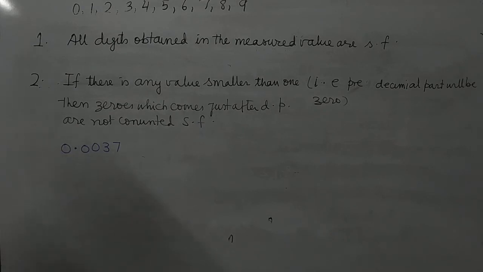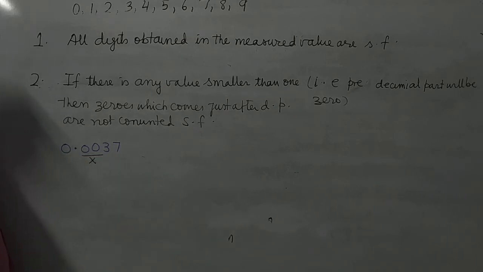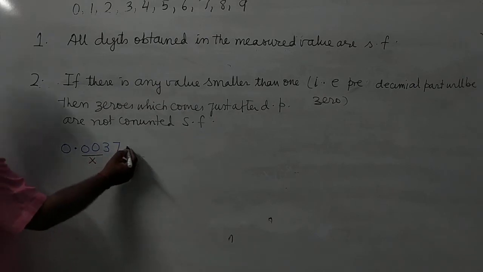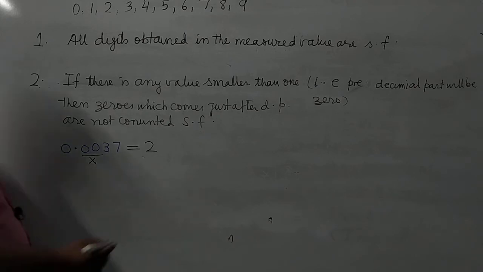Then the zeros which come just after the decimal point will not be counted as significant. Means these two zeros will not be counted as significant. Means here there will be how many? There will be 2.